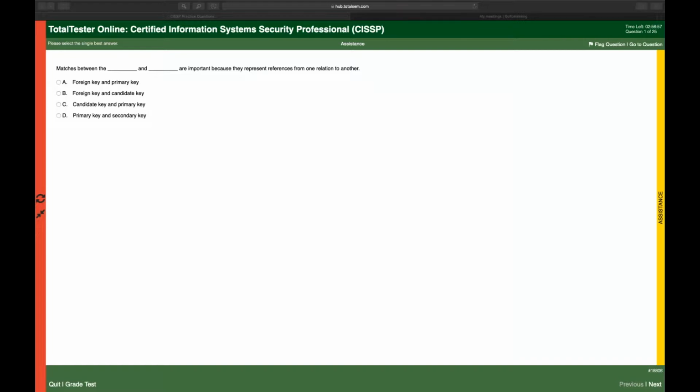A primary key in a database is a value that is unique for each record. It's usually referred to as a primary key, and it's usually in the first column of one table. Let's say the primary key in one table is social security number.